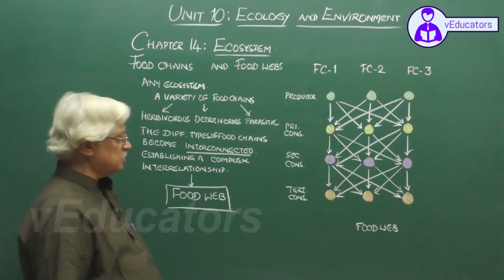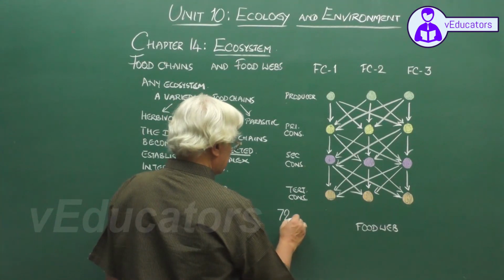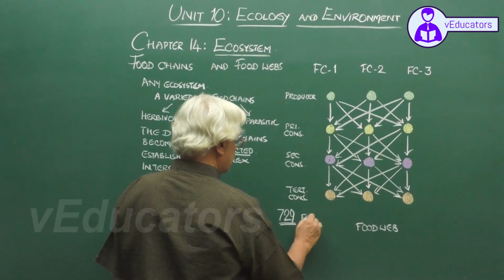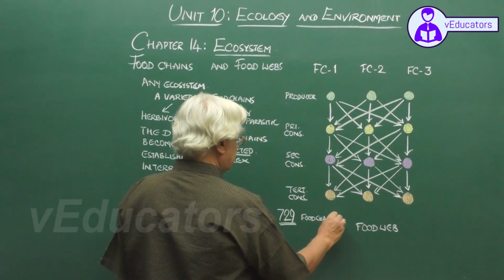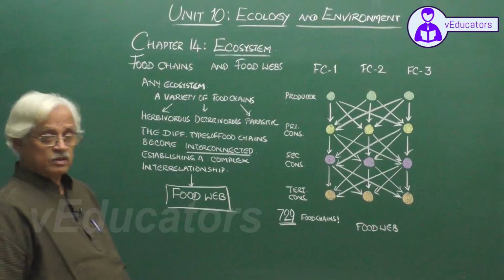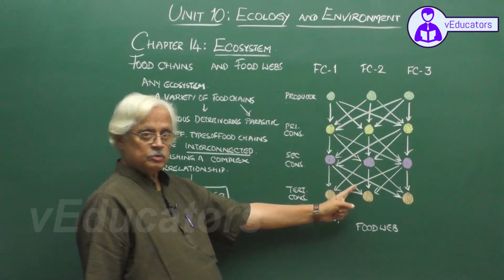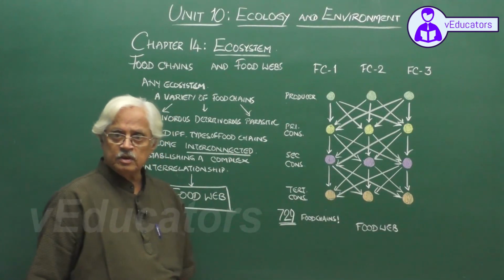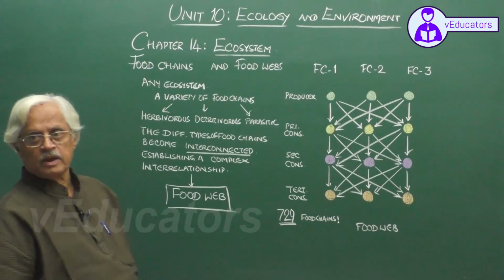You will be surprised to know that here there are a total of 729 food chains. 9 into 9 into 9, 729 food chains, with just 3 examples at each trophic level.